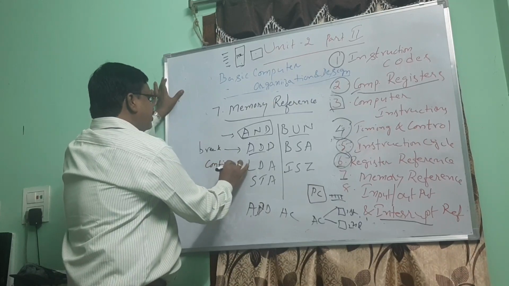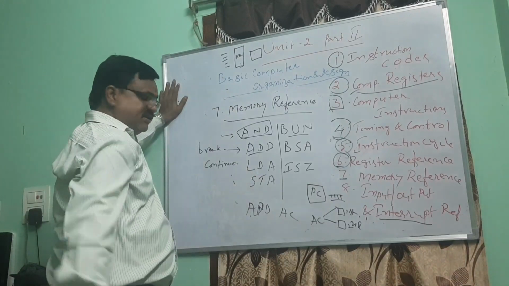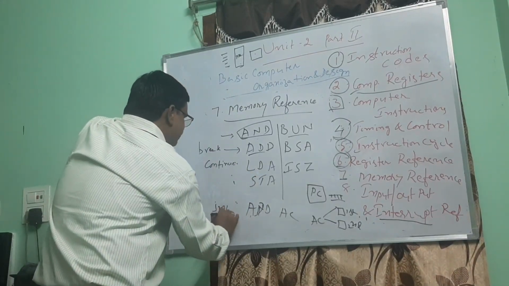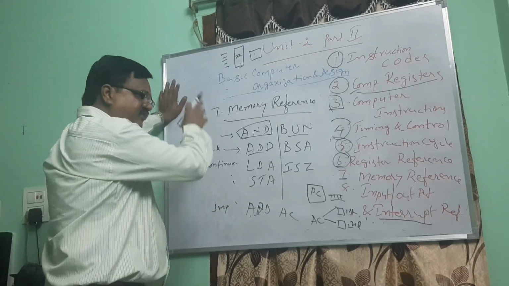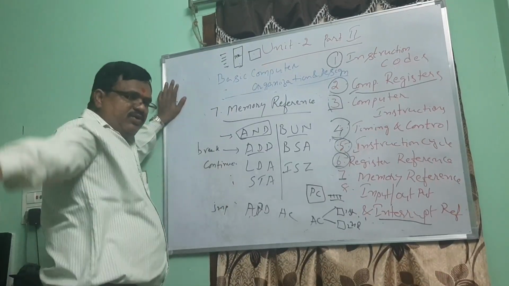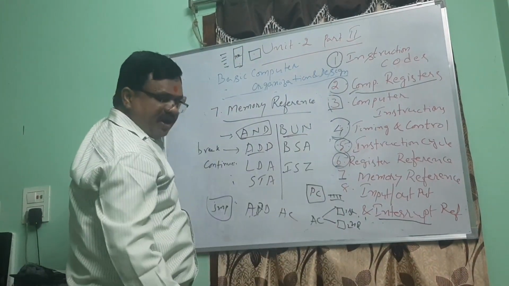So without checking any condition, sometimes you will perform some operations. Or else JMP is there, jump unconditionally. Without having any condition, after executing certain instructions you will be jumping to another location. So for such jump instructions, we will use branch unconditionally.